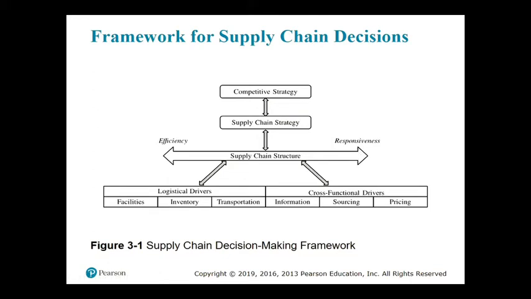And then the supply chain will use these different drivers to reach the performance level the supply chain strategy decides in order to maximize supply chain profits. So, these drivers can be classified into logistical drivers, which includes facility, inventory, and transportation. And we also have cross-functional drivers, including information, sourcing, and pricing. And we'll talk about each one in details in a little bit.